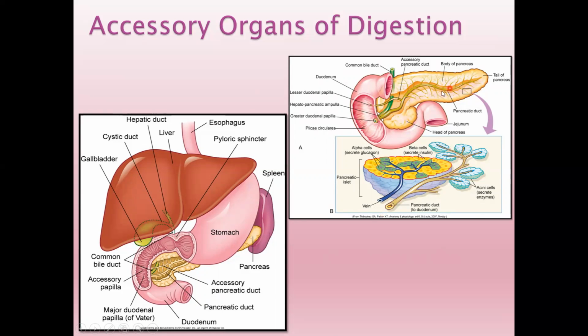And as you can see here, it connects at the common bile duct here, or sometimes it can go out through this duct here directly into the duodenum or join the common bile duct.